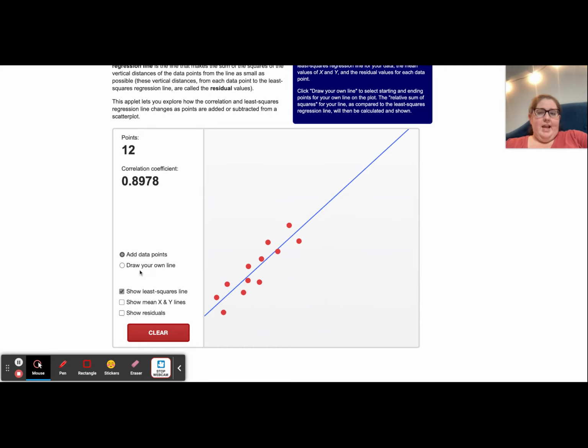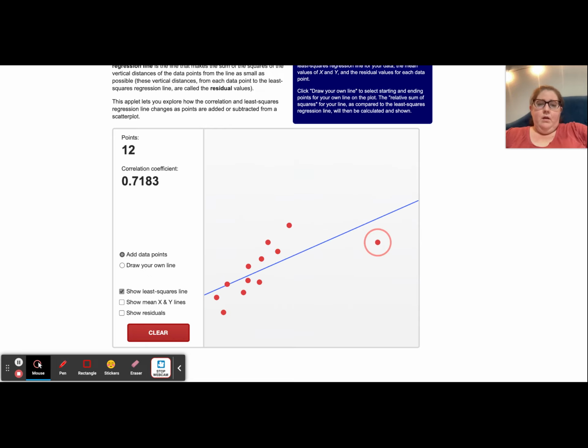Correlation is 0.8978. If we take a point and drag its x value much higher, its x value has to do with how far left and right that point is on the graph. So if I take this point right here and I move it way over here, a couple things we notice is that the line of best fit was very easily affected.